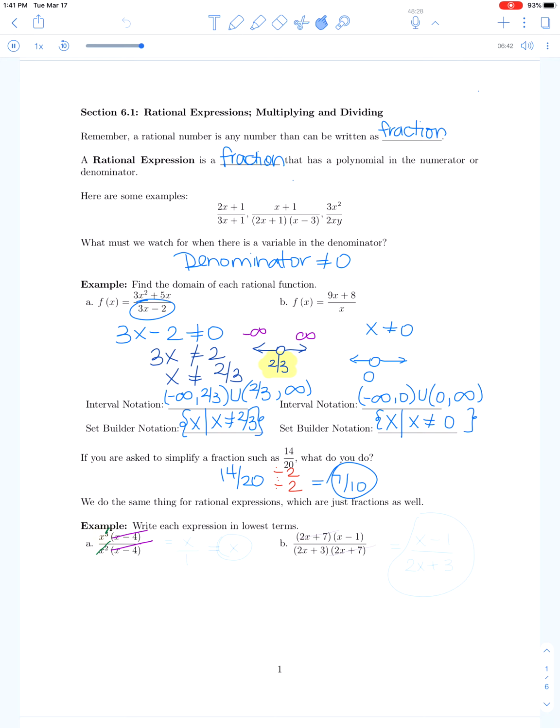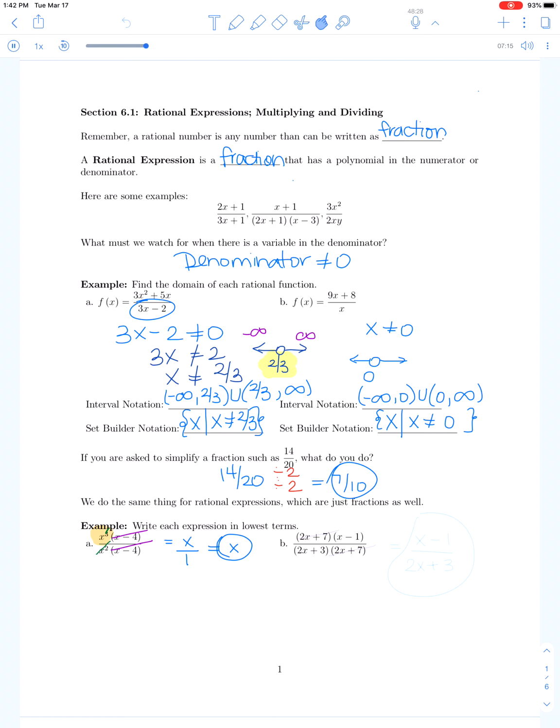The leftover x is on the top of the fraction, and it will stay there. So our final answer is just x. Notice everything on the bottom has canceled out. So if we were going to write something, we could write that it is over 1, but it's not necessary because anything divided by 1 stays the same. So we will just give our final answer of just x.